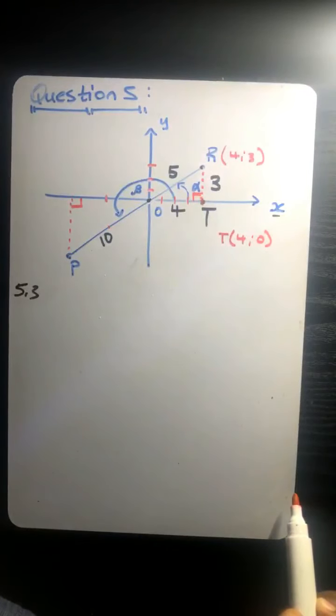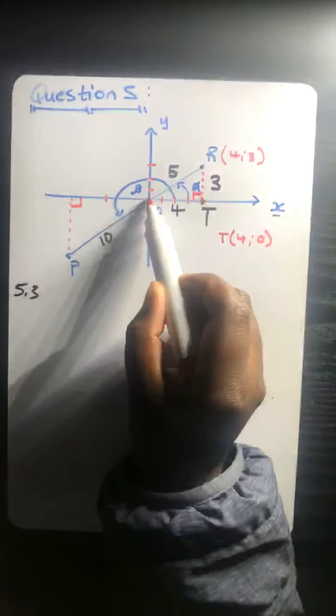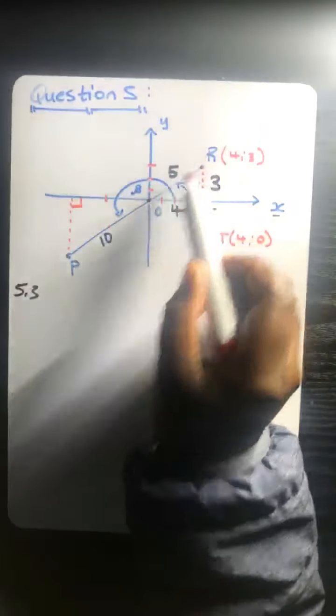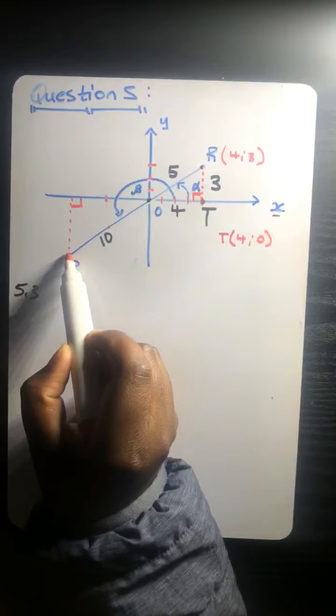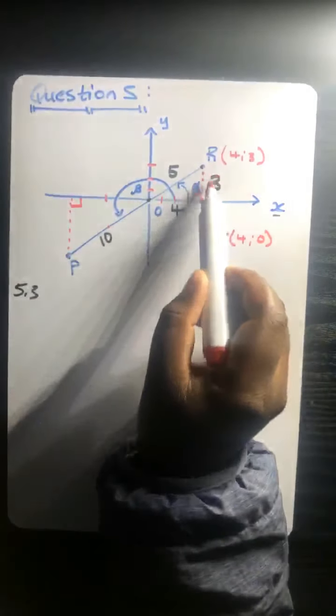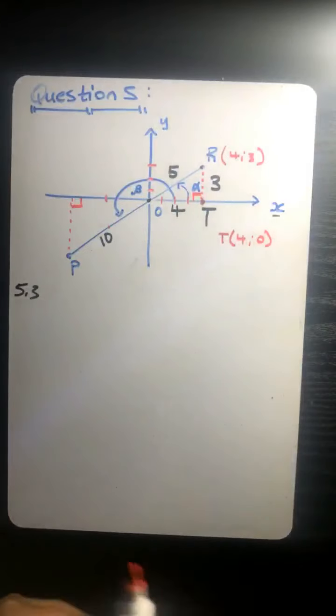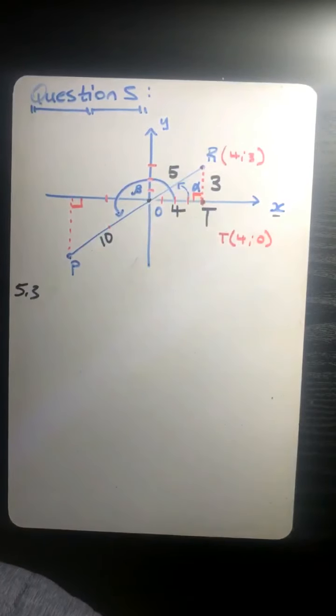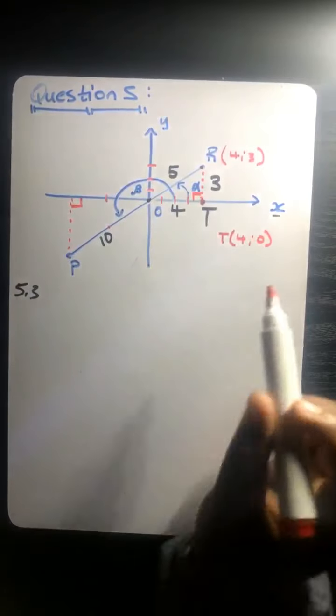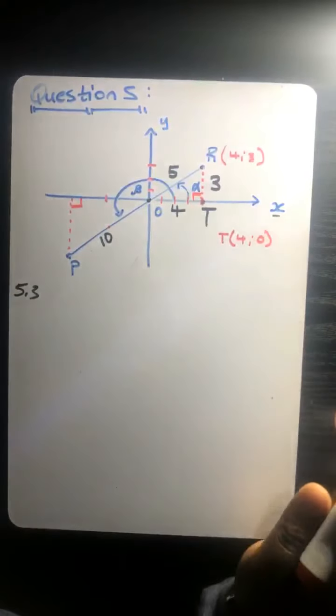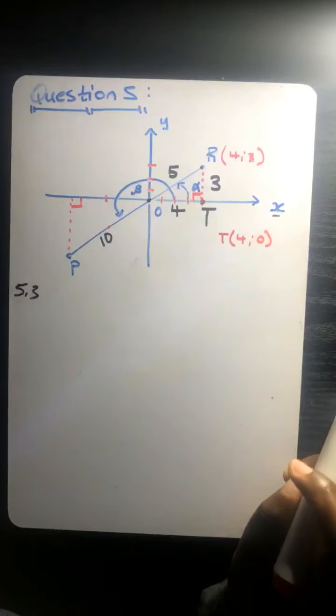Maybe you wanted to say that from the origin to P is 2 times that. Maybe from the origin to there it might be 2 times 4, and from there to there it might be 2 times that. This is me just trying to do some estimations. I'm not yet 100% sure, but this is me trying to do some predictions. We'll try to perform some calculations to confirm if that is true.